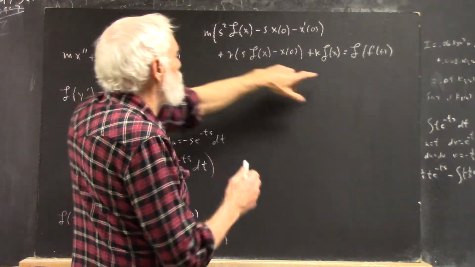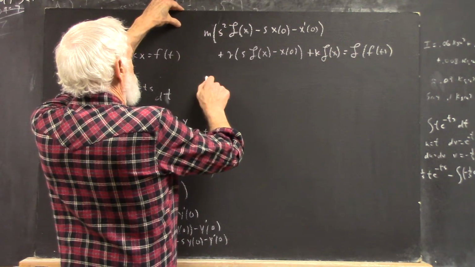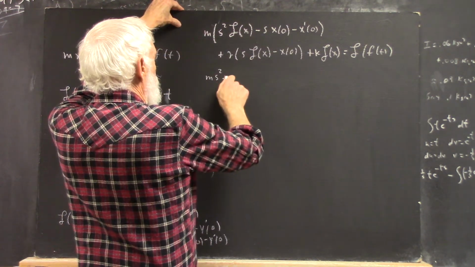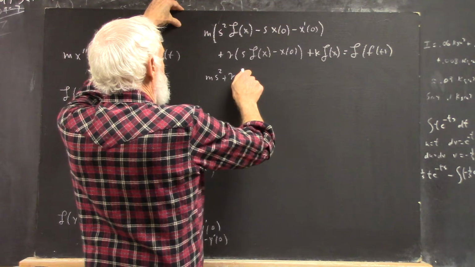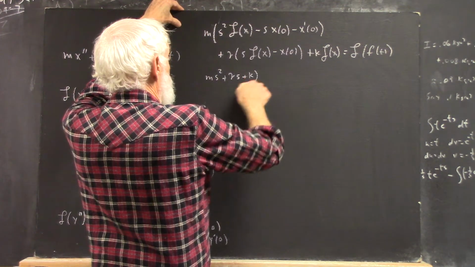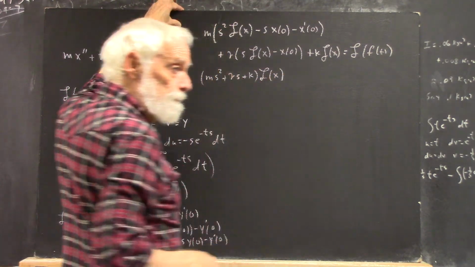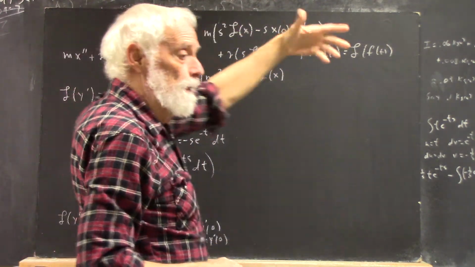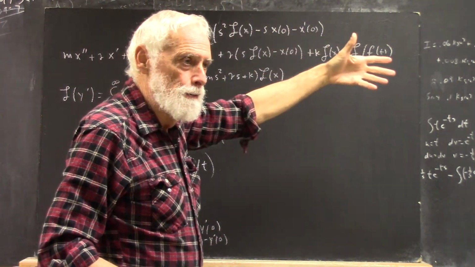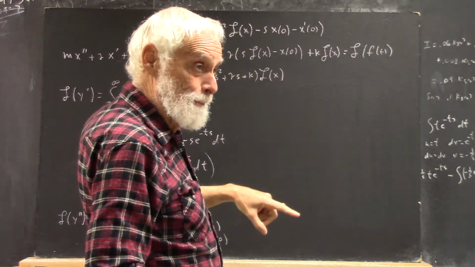Well, we have a ms squared L of x here plus gamma s L of x here and a k times L of x here. And now watch me exhibit my incredible clerical skills and mess something up, so keep an eye on me, right?